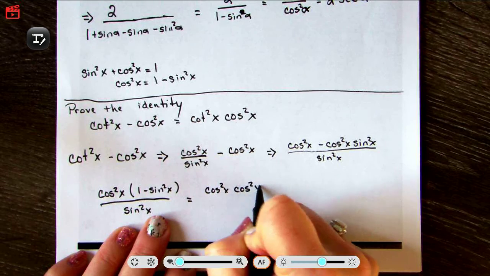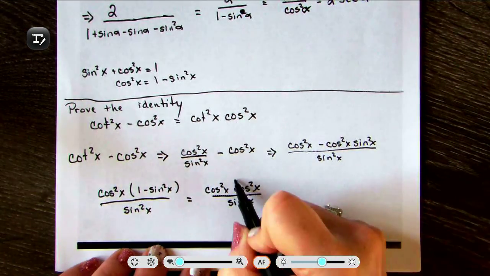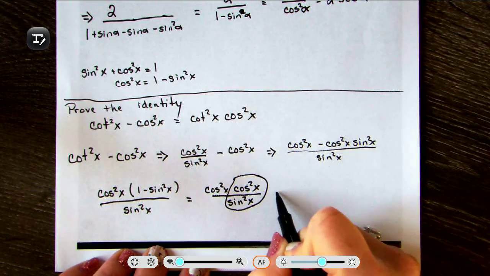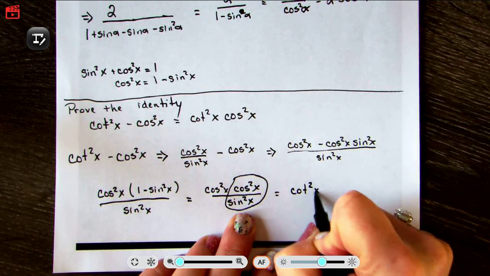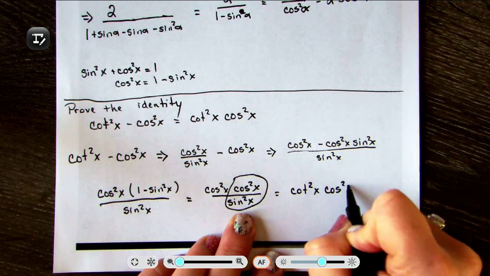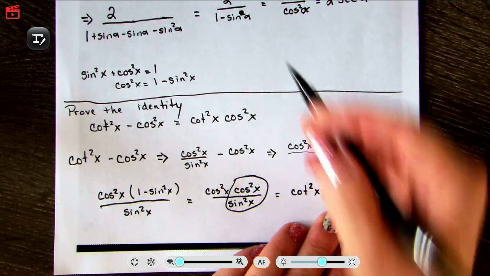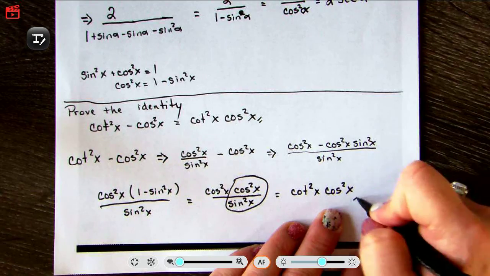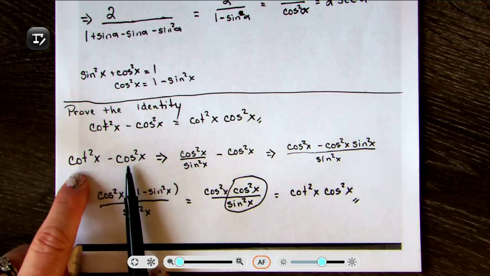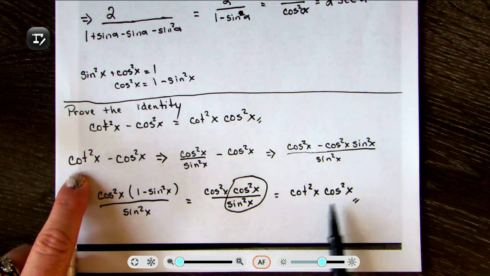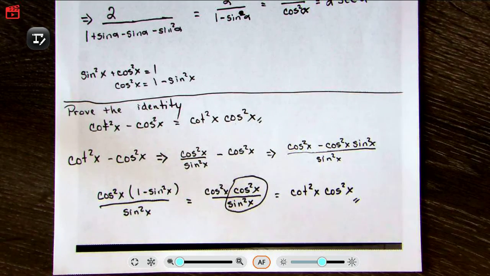So I'm going to replace it with cosine squared. And now this piece here is cotangent squared. So that is now equal to that cotangent squared, cosine squared, which is where I was, so we are done. So we have just proven that this, through lots of little steps, was equal to this. So we've proven the identity.